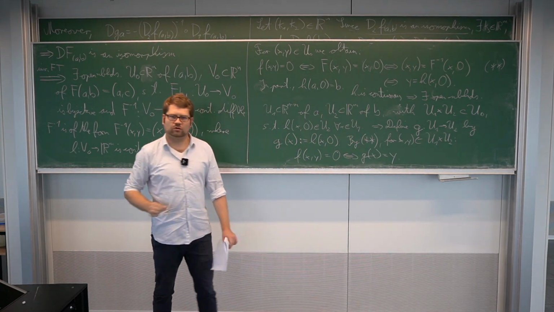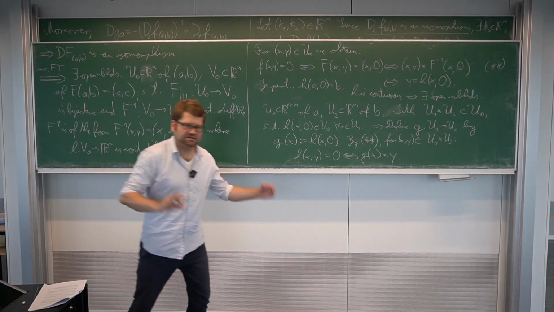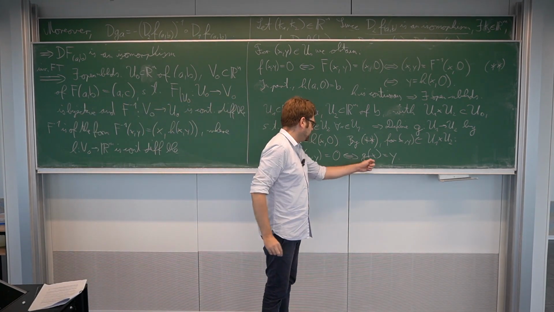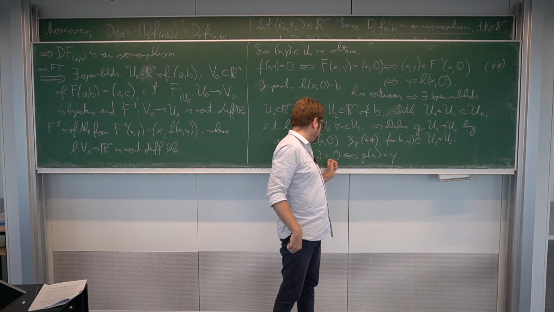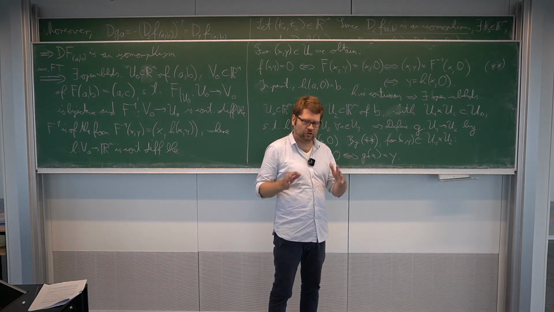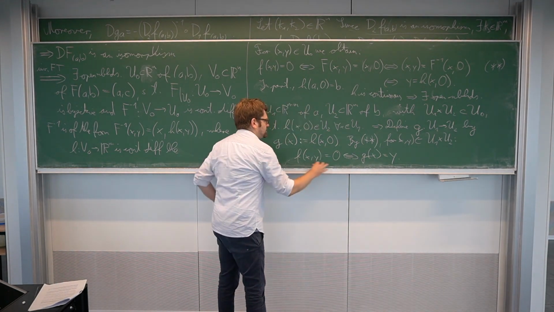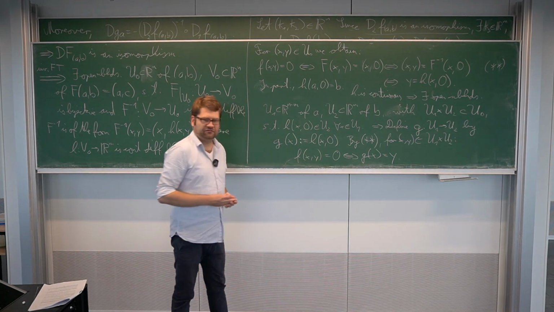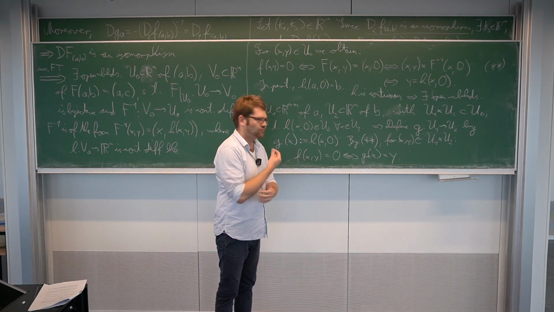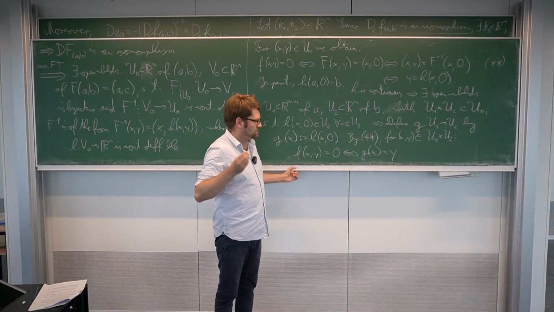And this is the crucial property. This is what we wanted to have. This is the decisive property here. First of all, f of g of x is 0 for all x. And if this is 0, then y must already be g of x. So this means locally f looks like the graph of g. This is what we wanted to show.